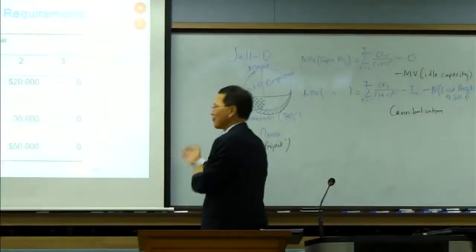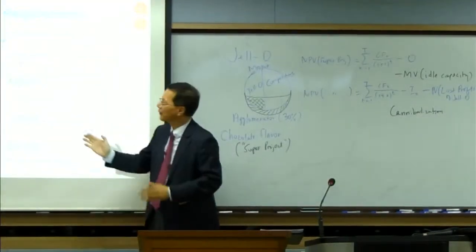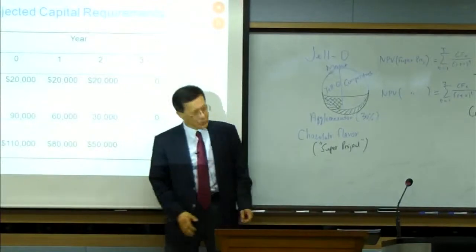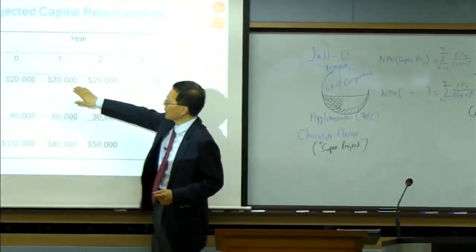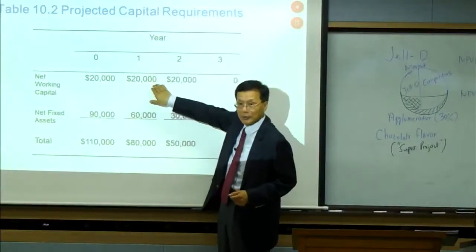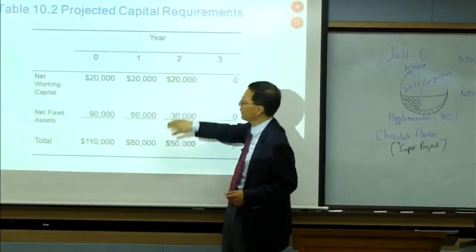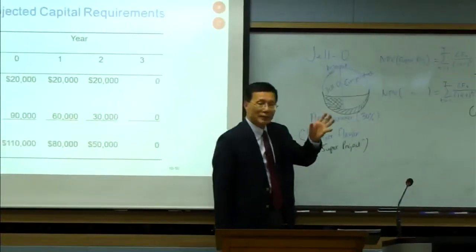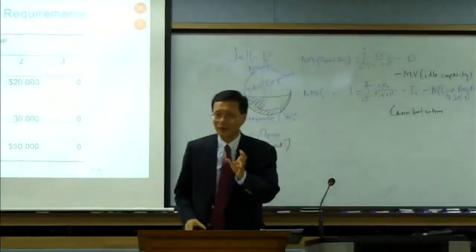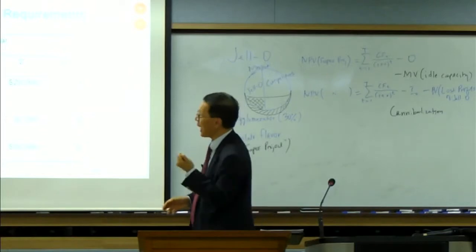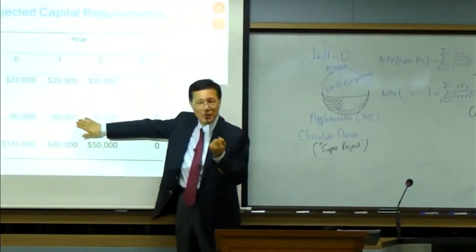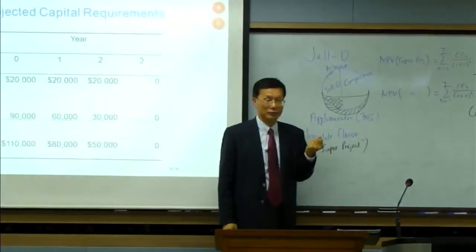Now 1 year has passed. One year later, you still need net working capital of $20,000. So $20,000 will remain there. How about net fixed assets? $30,000 of depreciation has occurred, so the actual value that stays within the firm is only $60,000.